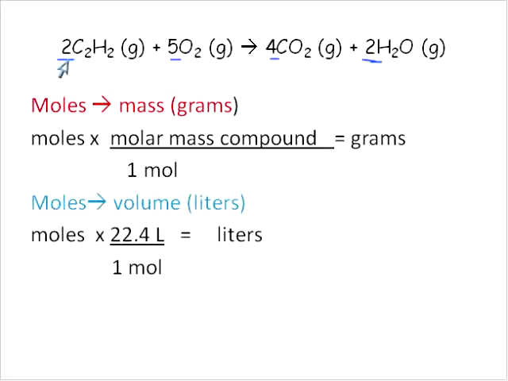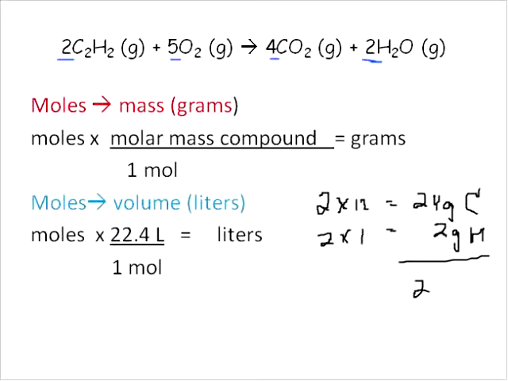If we have 2 moles of C2H2 and we want to know how many grams that is, we get the molar mass of C2H2 by 2 times 12, which is 24 grams of carbon, and 2 times 1 equals 2 grams of hydrogen.